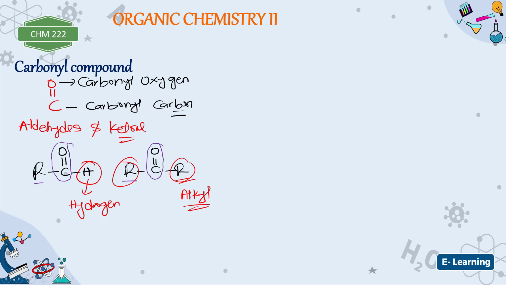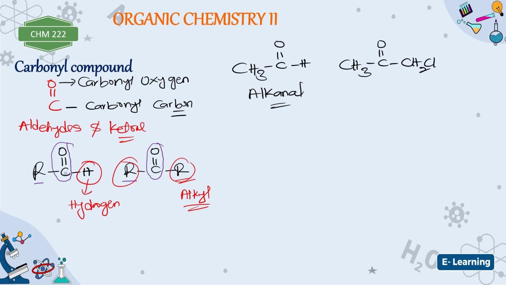Is that okay? An example is something like this. If you have CH3, C double bond O, H, this is an aldehyde. Aldehydes are also called alkanals. If you have something like CH3, C double bond O, CH2, CH3, this is a ketone, because this is one alkyl group and this is another alkyl group.